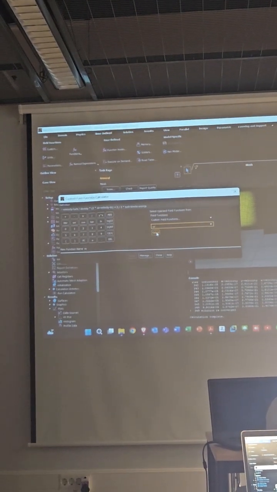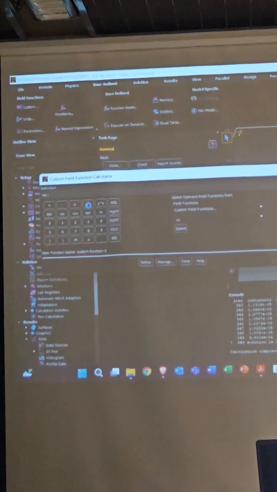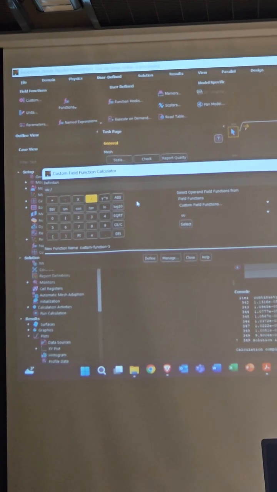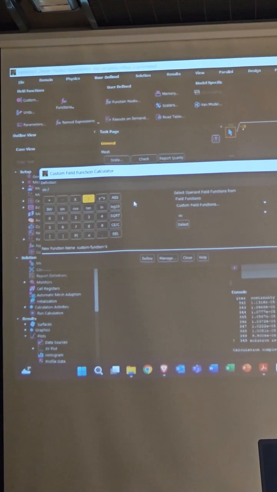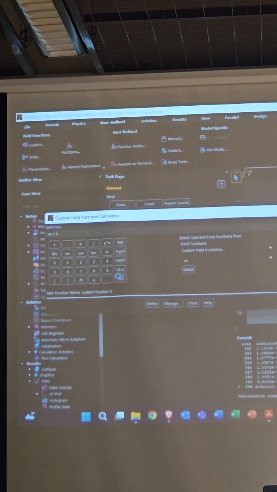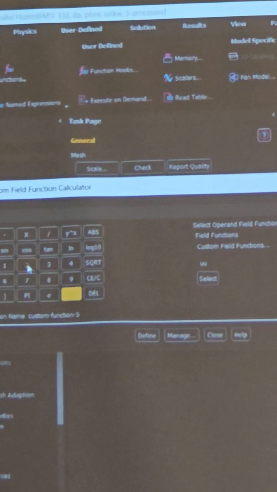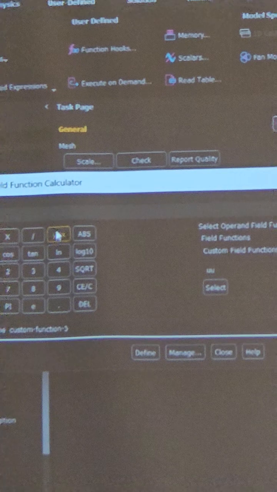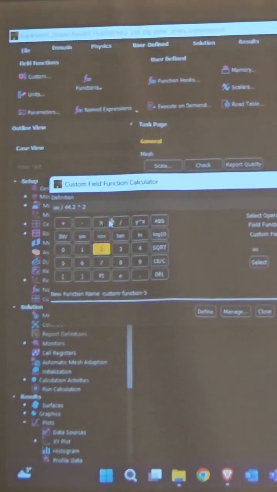So I select UU, I divide it by uref to the power of 2, which is 44.2 at the power of 2, multiplied by 1000.